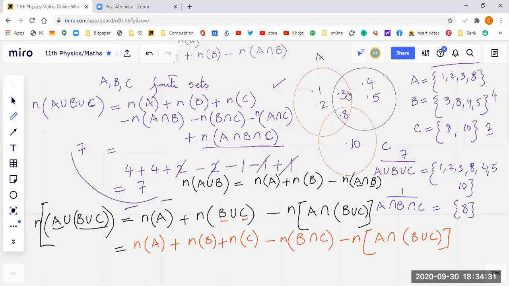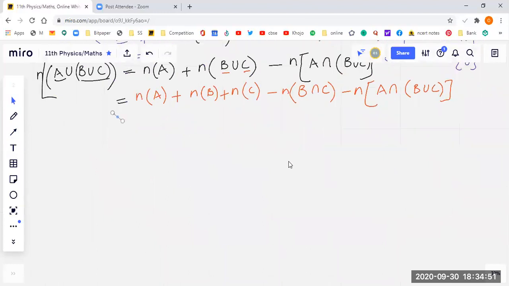Once again, I'll just push it upwards and then we're going to do the next one also.